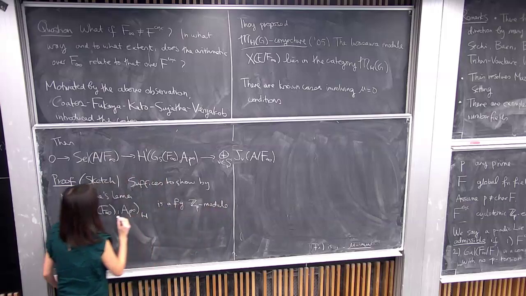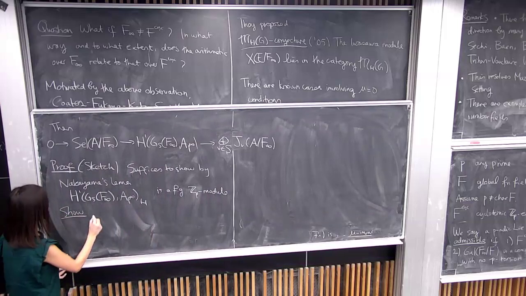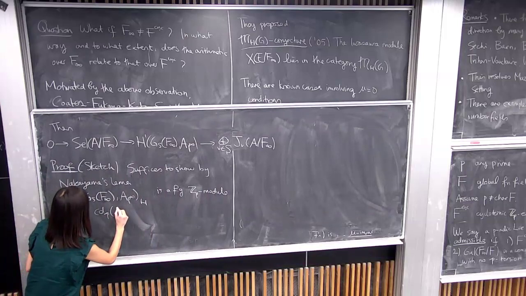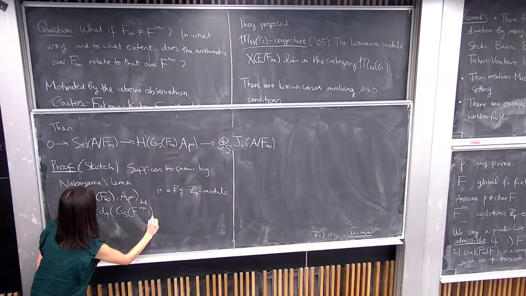Then there is a key input, which we can only show in the function field setting, which is that the p-cohomological dimension of G_S(F infinity) is equal to 1.